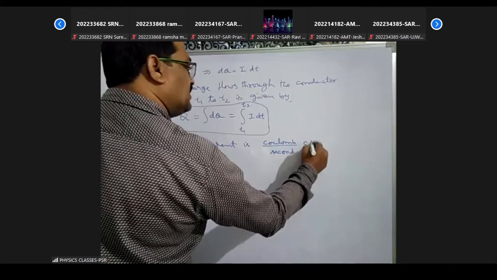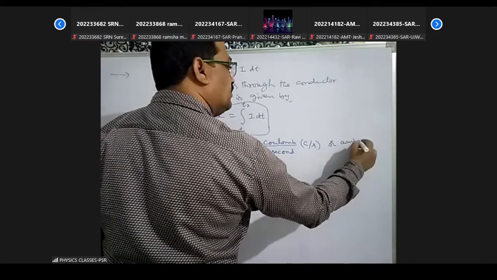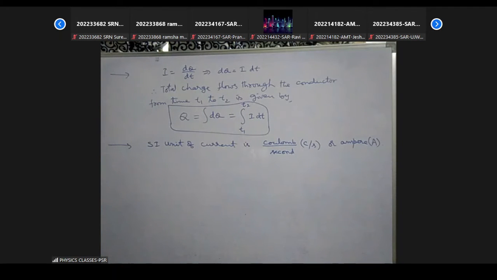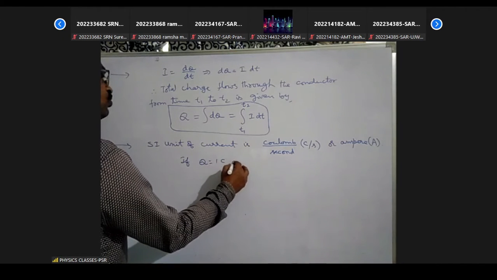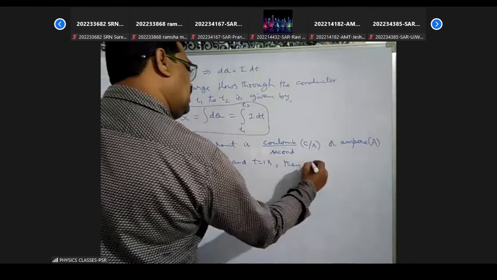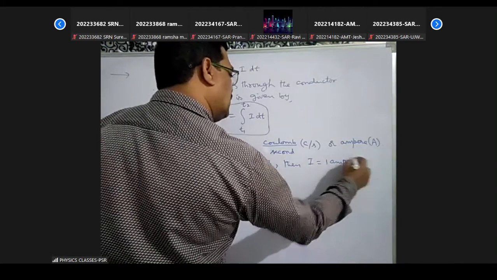This is also known as ampere, denoted by the symbol A, capital A. If Q is equal to 1 Coulomb and t is equal to 1 second, then I is defined as 1 ampere. That is the definition of ampere.